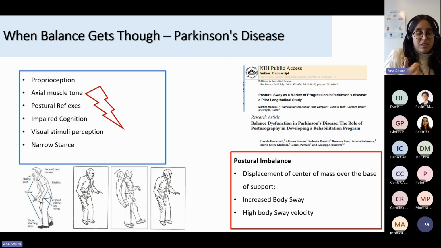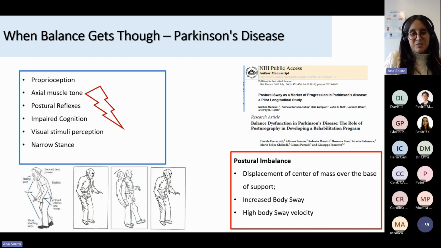The somatosensory system is affected. We have impaired cognition, which is also associated with the integration and coordination of the inputs, alterations in visual stimulus perception, and now also a narrow stance. A narrow stance makes it more difficult.